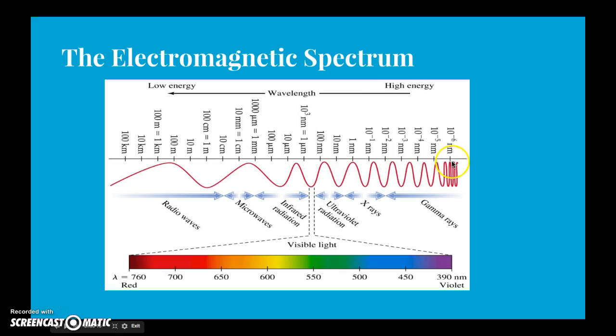Look how tiny that is, the space between those two peaks, compared to our radio waves over here, where it's very long wavelengths, a lot of space between those peaks. And so low energy wavelengths are long, and high energy wavelengths are actually very short.